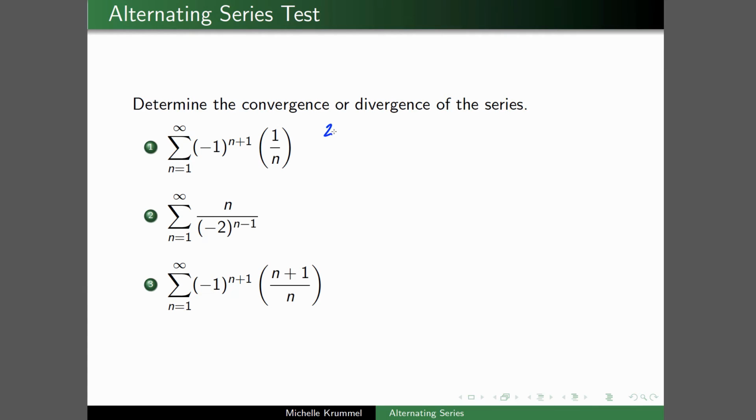For number 2, let's start by rewriting the series. I'm going to factor out a -1 to the n minus 1, so it's going to be n over -1 to the n minus 1 times 2 to the n minus 1.